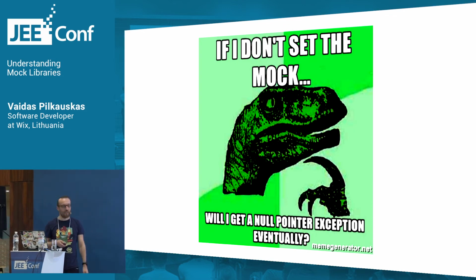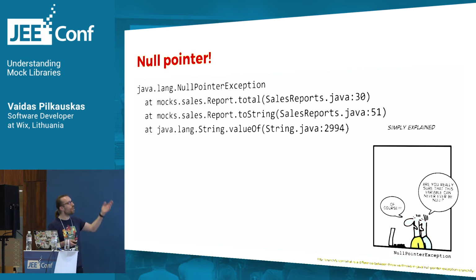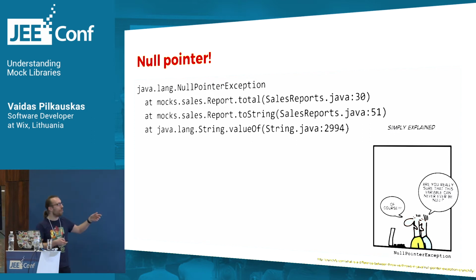Well, I think this picture explains it, and we usually get a null pointer exception. And this is where the problem is: that null pointer is already a consequence of our action. It's not feedback, it's already a broken system. So this is where Mockito doesn't help us.